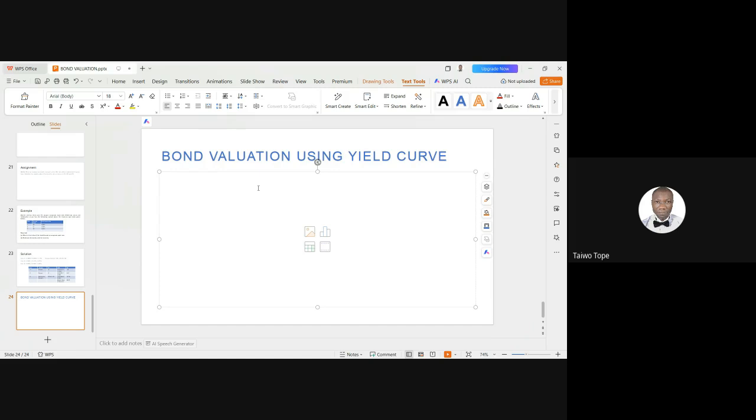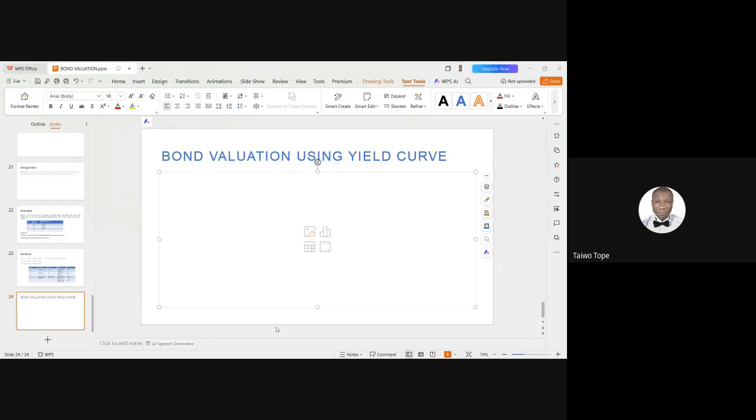The spot yield curve can be used to calculate the value of a bond. So, bond valuation using the yield curve means calculating the current value, that is the price of a bond, by discounting what? Each future cash flow using the interest rate appropriate for its maturity.